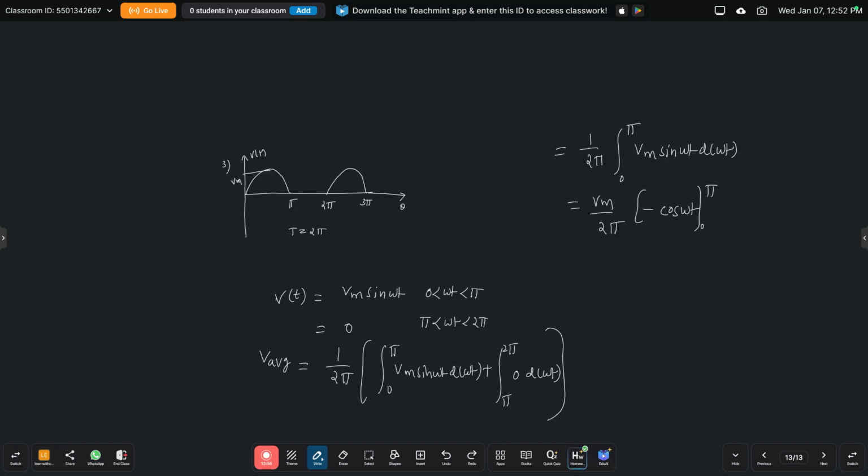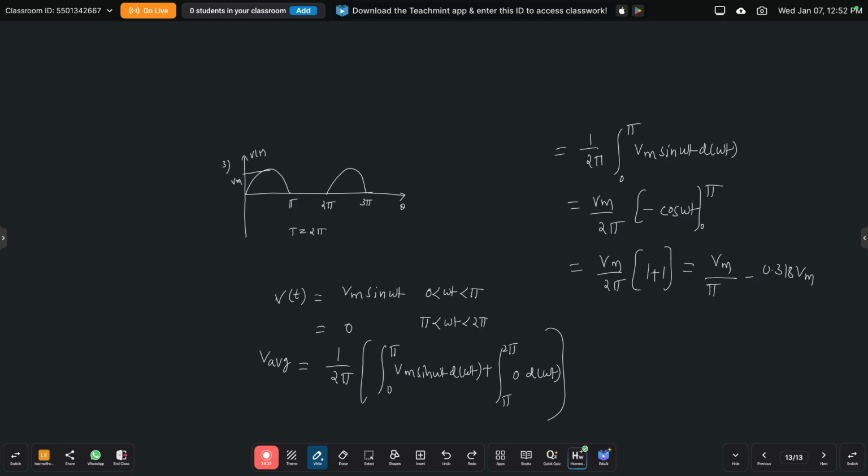Apply the limits 0 to pi, so that is Vm by 2 pi, minus cos pi is 1, plus 1, which is equal to Vm by pi, which is equal to 0.318 Vm.